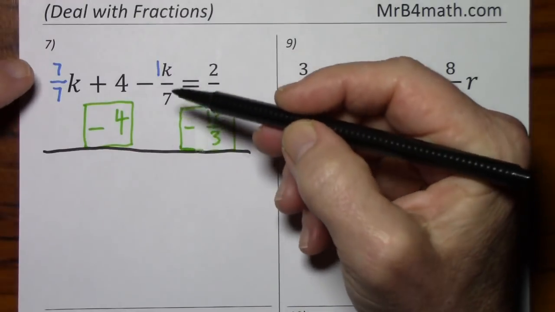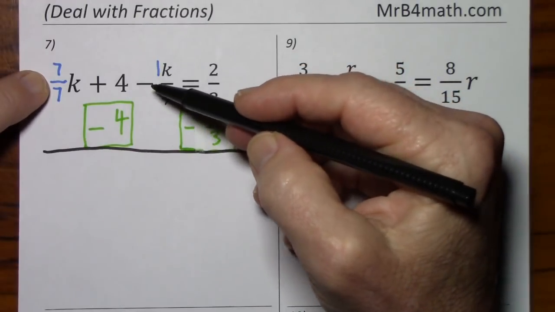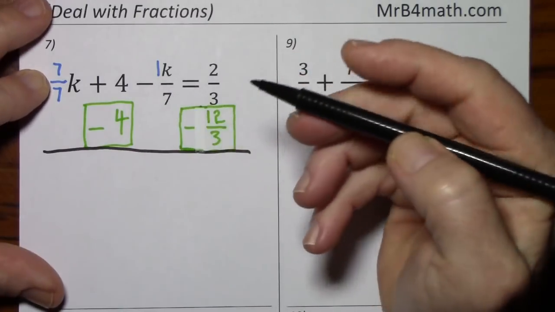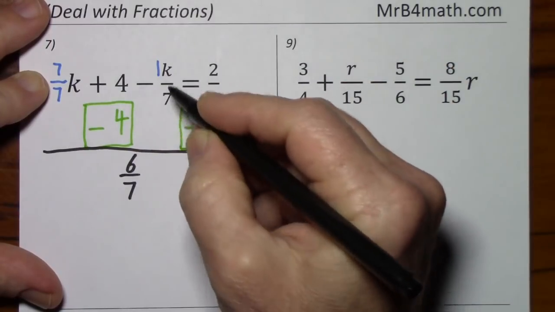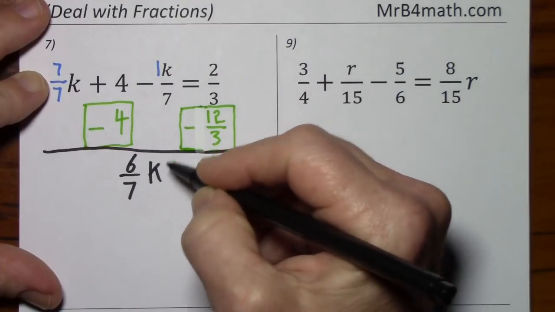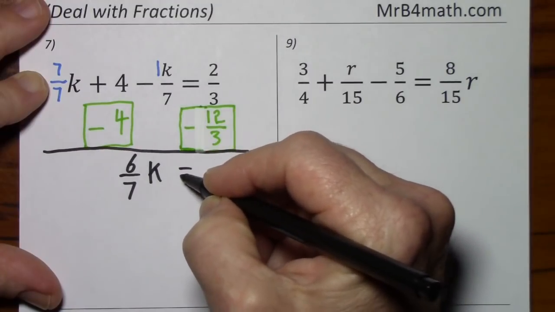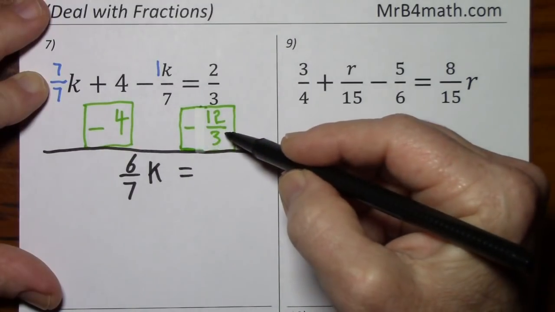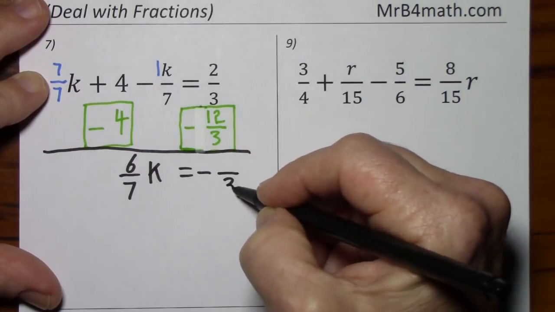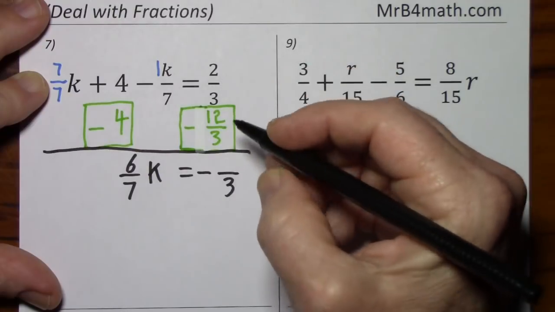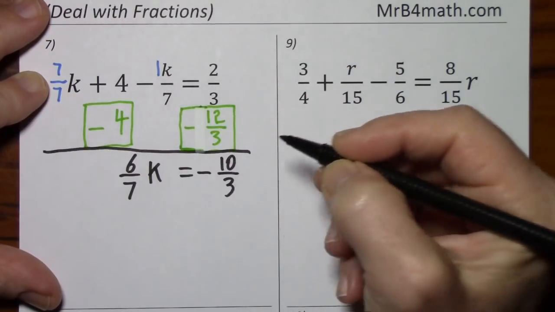We'll bring everything down. 7/7, negative 1/7 gives us 6/7 k. Bring down the equal. Notice the larger value is negative, so this will be a negative 12 subtract 2 is 10.